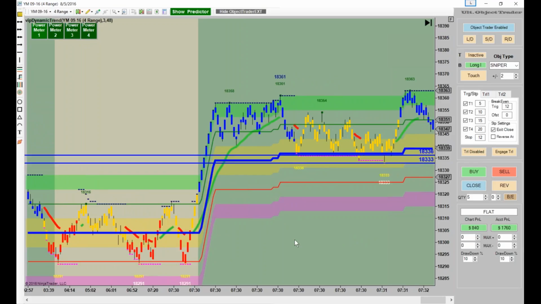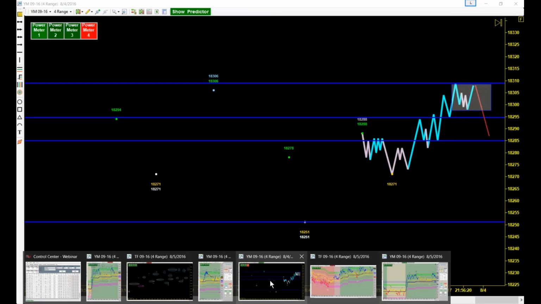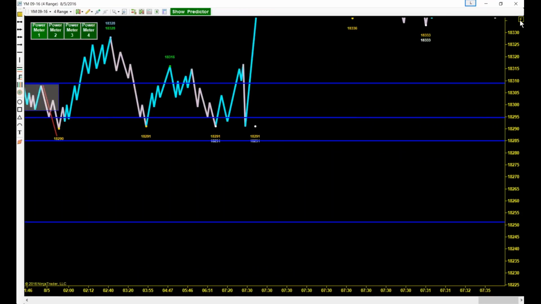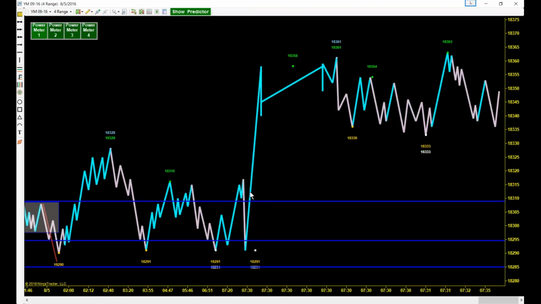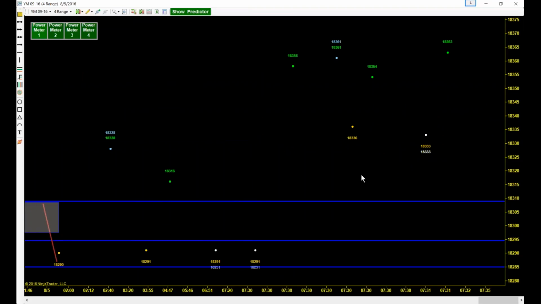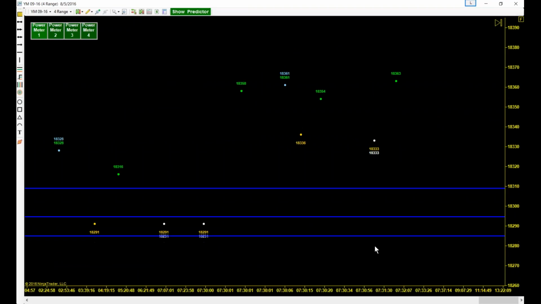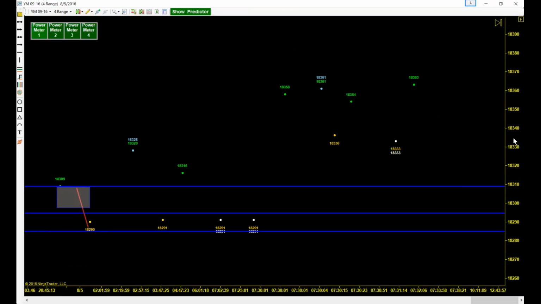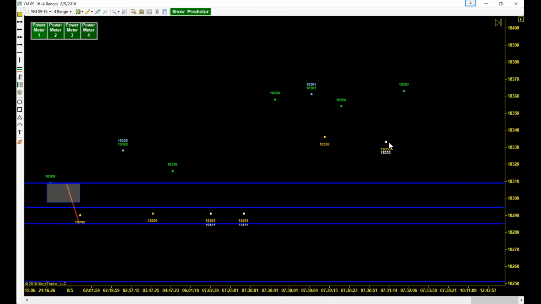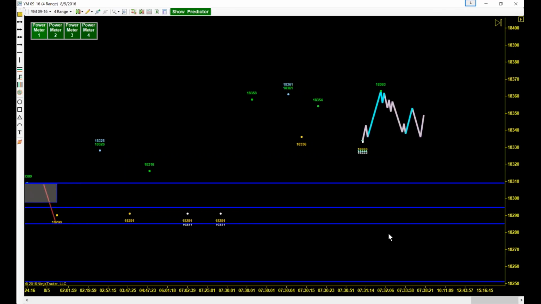And if you took your chart to this one right here and get rid of all this lightning, we don't need it right now. See what they're doing right here? What are they actually doing right here? You draw your lines.